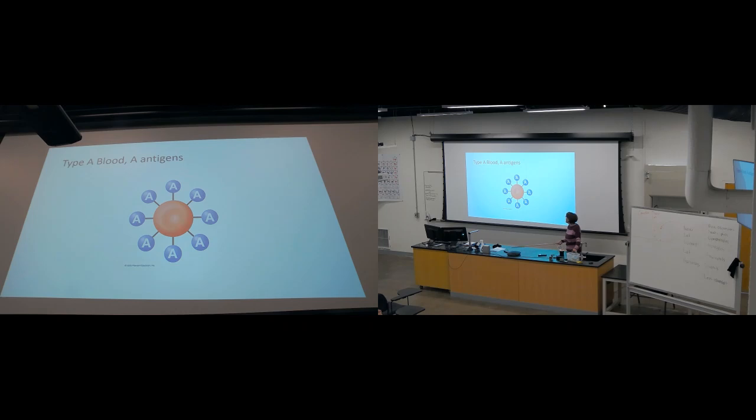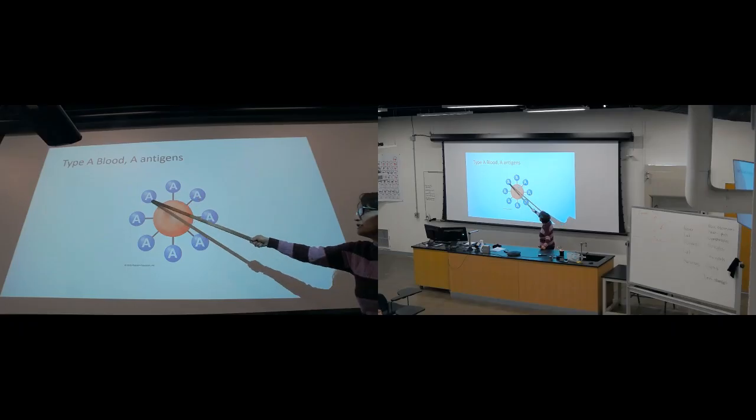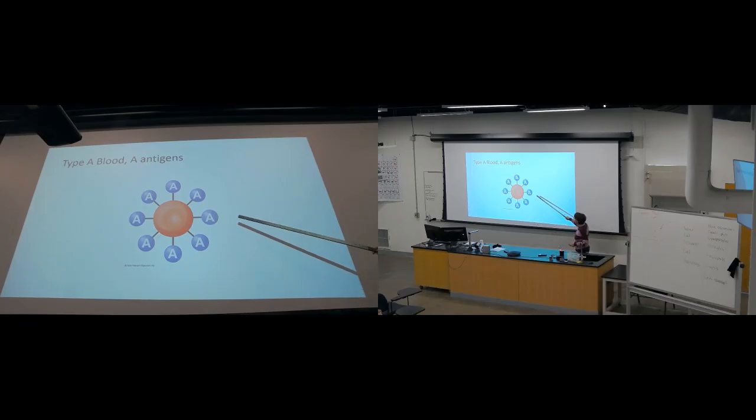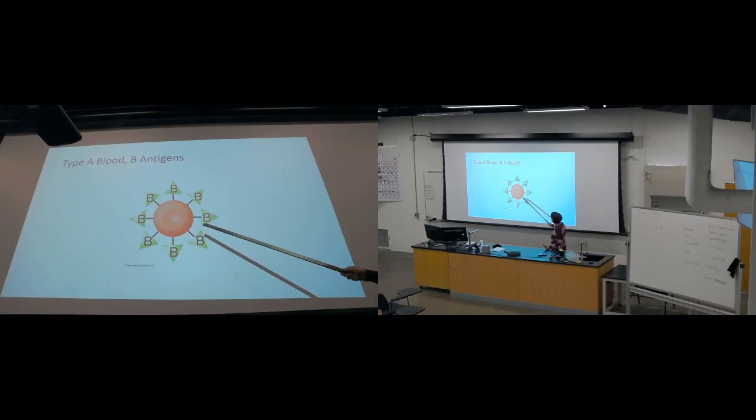So here we have an example of type A blood. So this is the erythrocyte, and these will be the antigens, A antigens. And of course, this is an illustration. It doesn't exist in that shape, or they don't have the letter A. But it's just to illustrate that we have antigens that make this blood to be A. Then we have B blood type with B antigens.